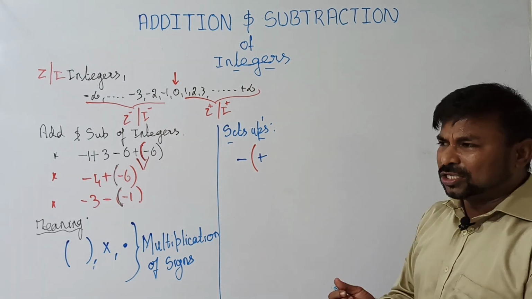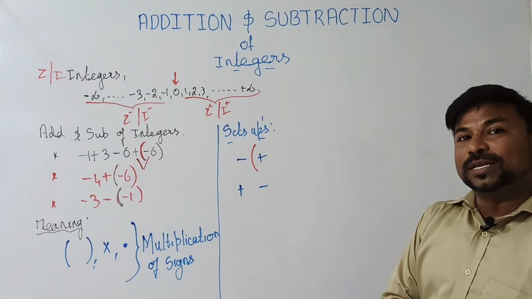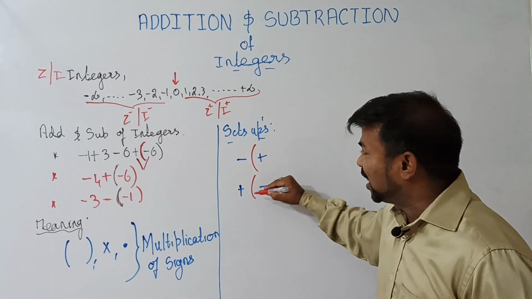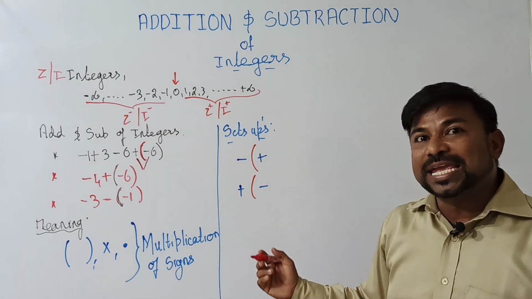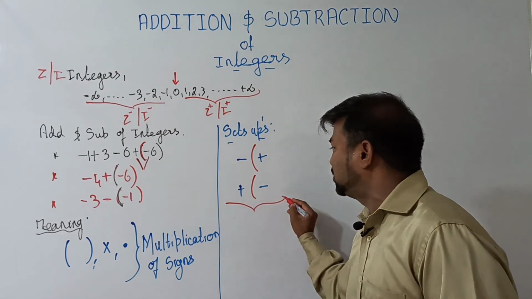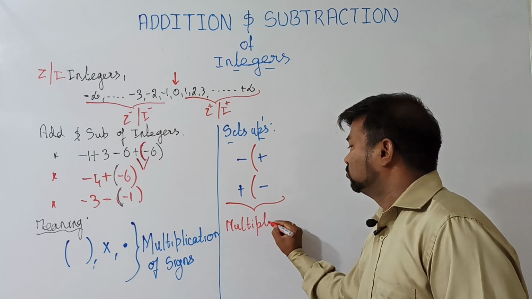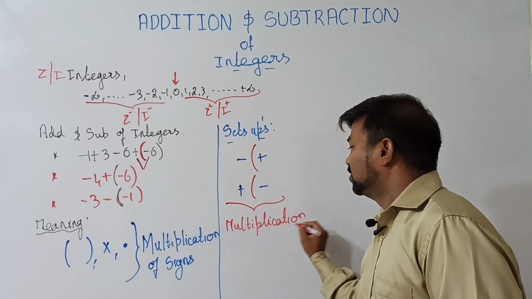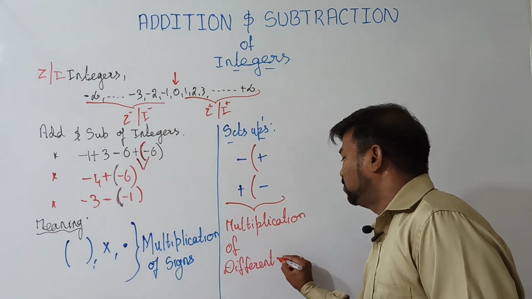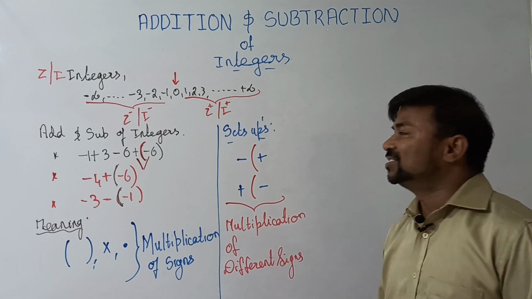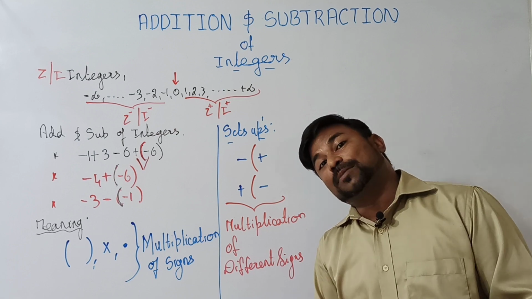In the same way, let us go for one more situation: a plus and a minus, again with a multiplication sign in between. So what we are doing is multiplying different signs. In both these cases, we are doing multiplication of different signs. This is one of the setups.